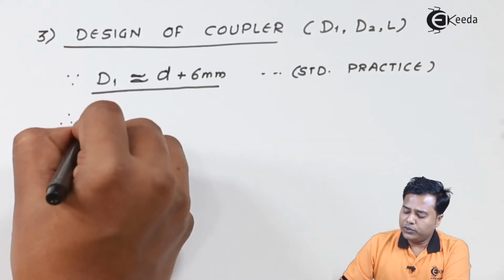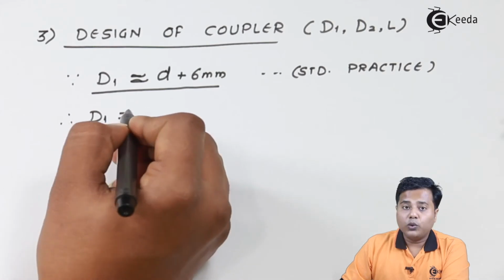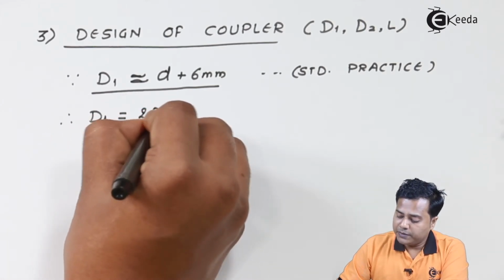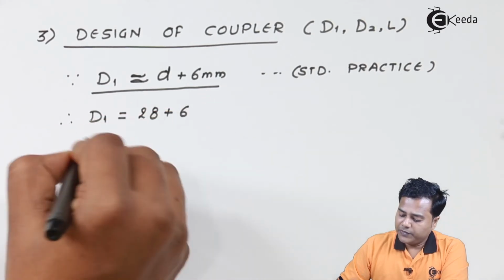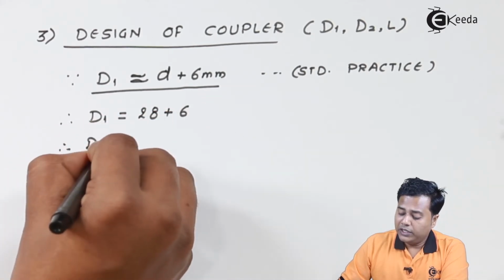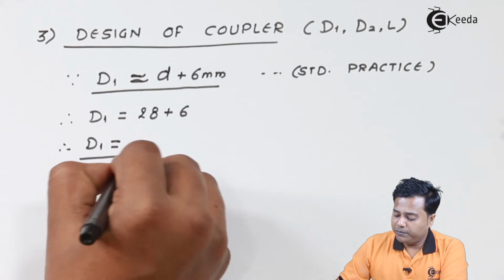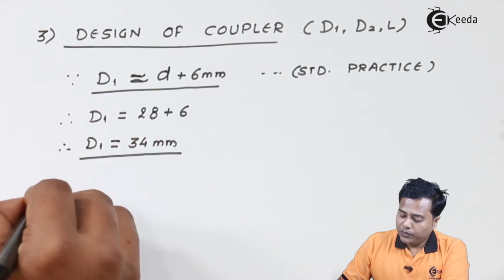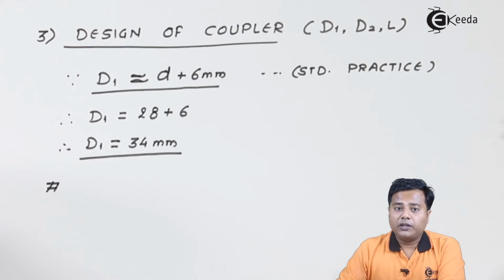So let's move ahead. D1 comes out to be the core diameter small d, which we found out was 28 millimeter, plus 6. So D1 should be, according to the empirical relation, 34 millimeter. Now we have to consider the failure, which is nothing but the tensile failure.